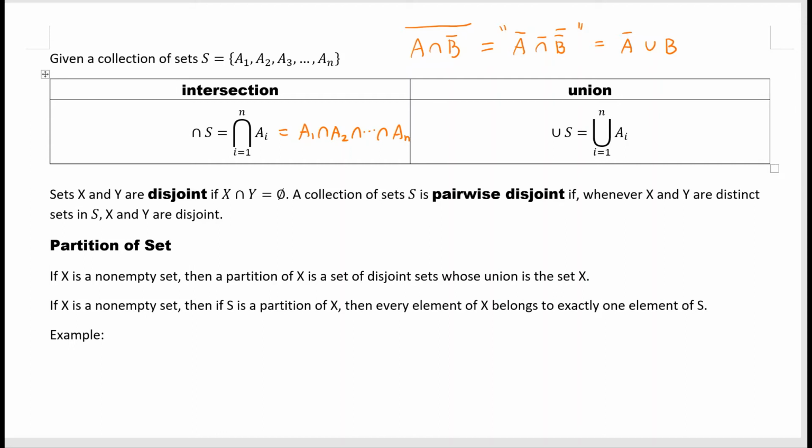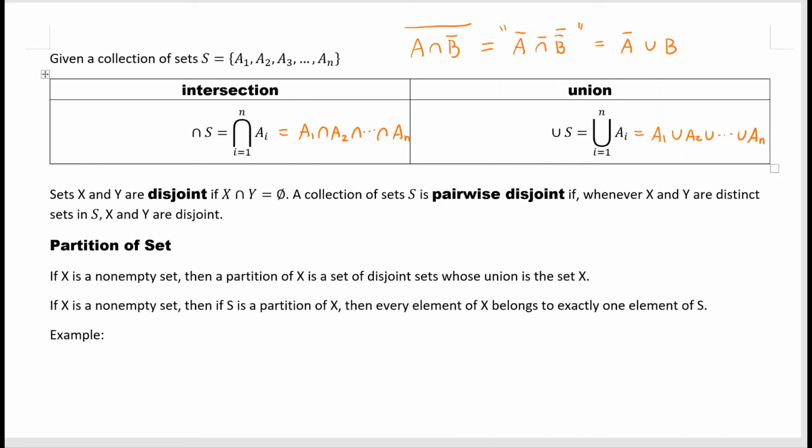Okay, union with the U, we have the index i from 1 to n. So this is the same as A1 union A2 union ... union A sub n.